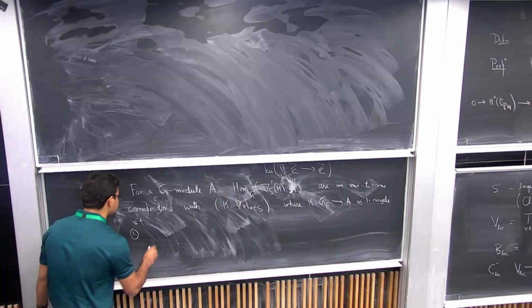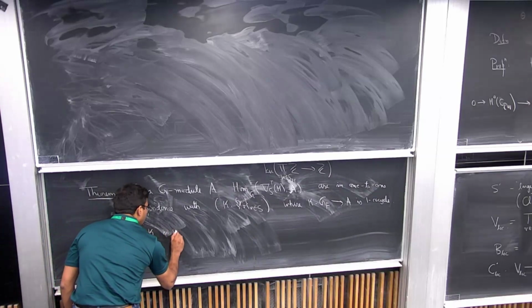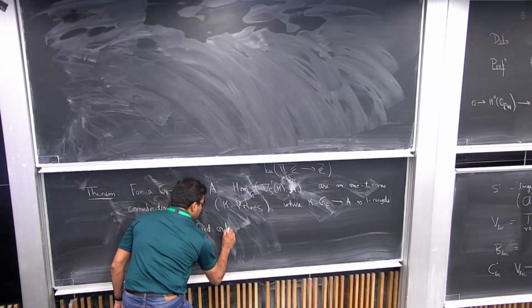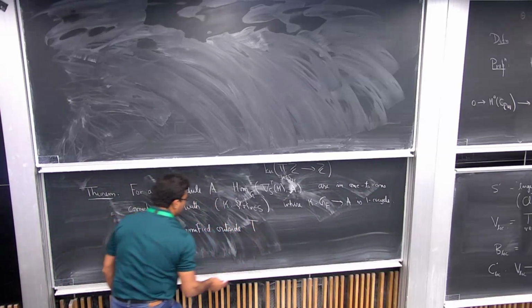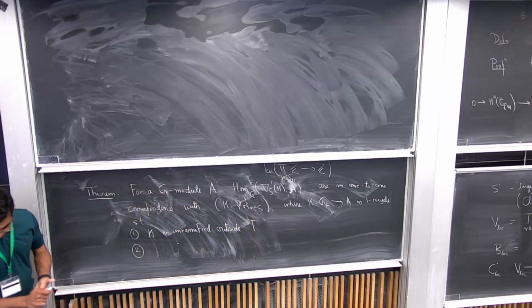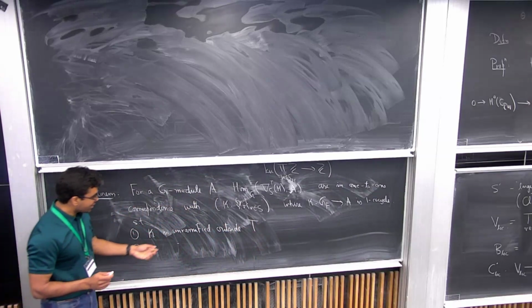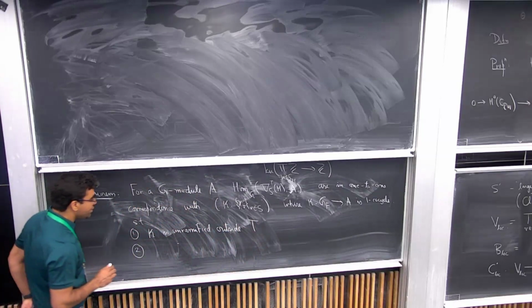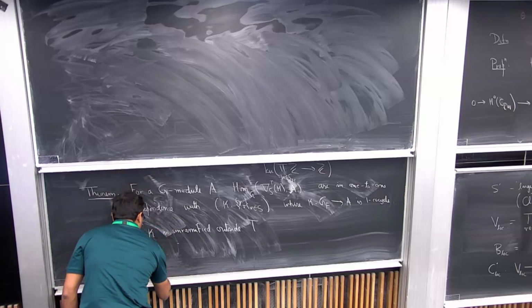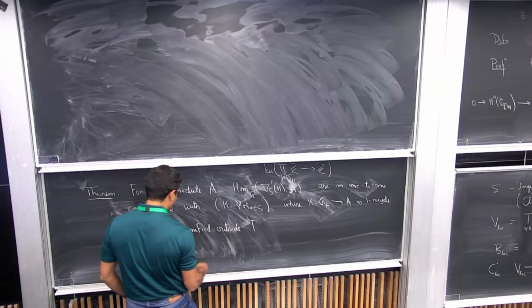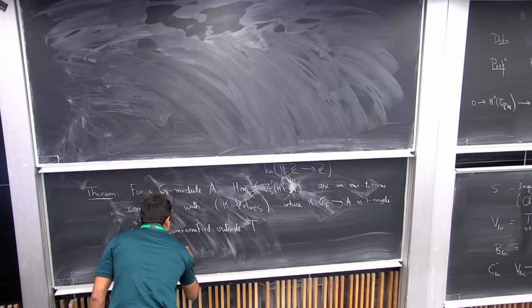So kappa is unramified outside T. That means the cohomology class represented by kappa is unramified outside T. It's locally trivial at S. So again, all those things mean what you know for the cohomology class represented, right?